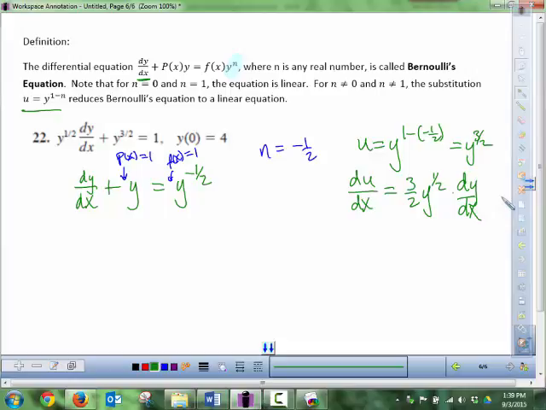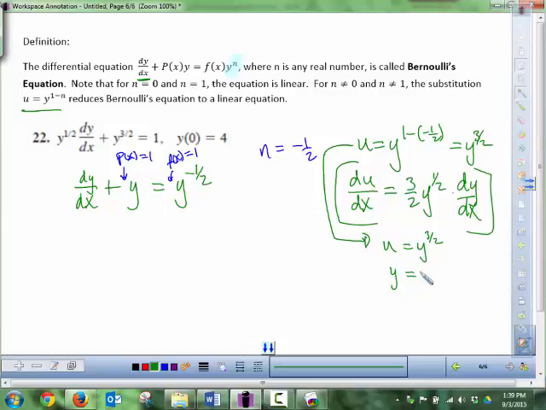Oh, maybe I should have done this a slightly different way. Let's hold off on this for a minute. Let me take a look at this relationship again. U is equal to y to the 3/2. What's y equal to in this case? U to the 2/3?